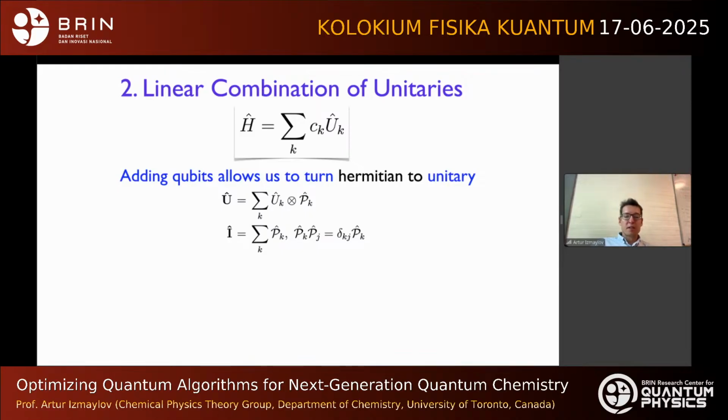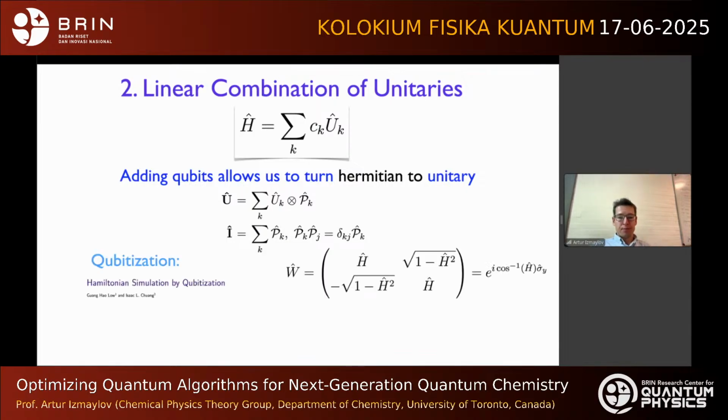And this is the key to turn the linear combination of unitaries, in which you can always present your Hamiltonian as a Hermitian operator, into one giant unitary where the Hamiltonian is just a part. Okay, and this is the key to the so-called qubitization method.